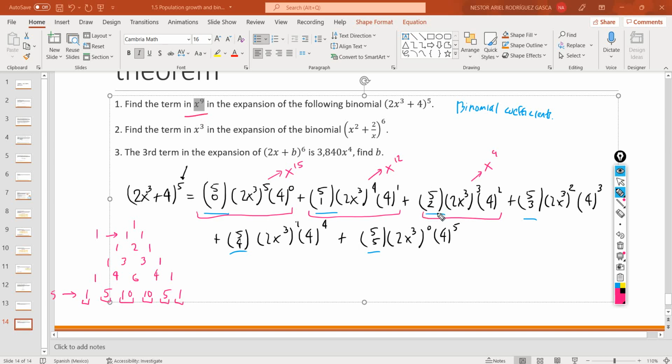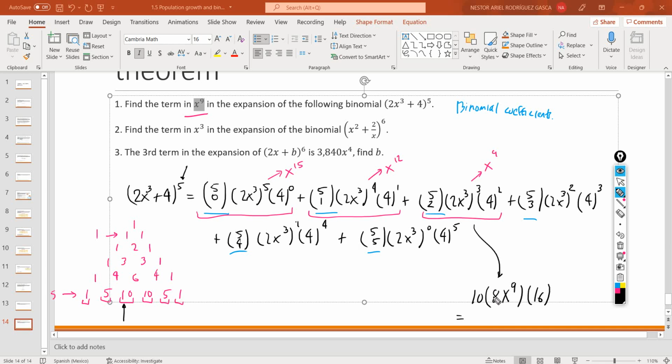So let's actually calculate this term, guys. How do we do it? Well, we know that 5 choose 2 is going to be this one, right? It's going to be 10. So let me put it in here: 10. And then we elevate 2x to the cube. We're going to get 8x to the 9. And then 4 to the 2, which is 16. Okay?